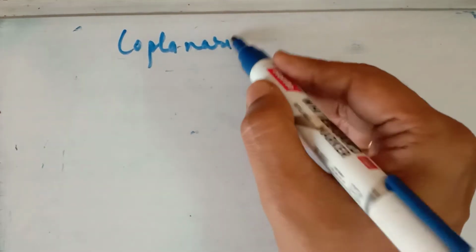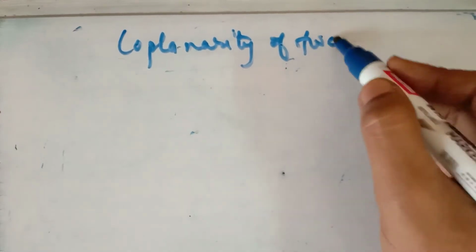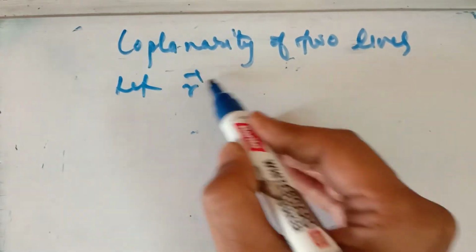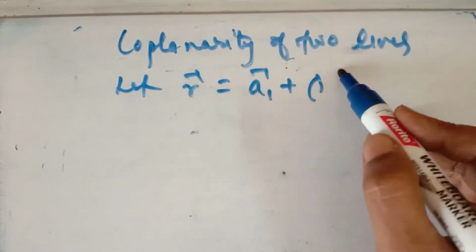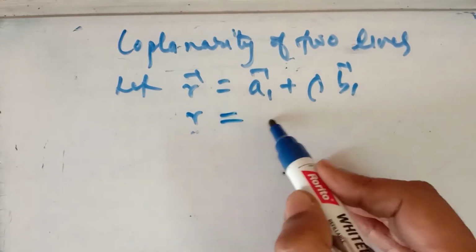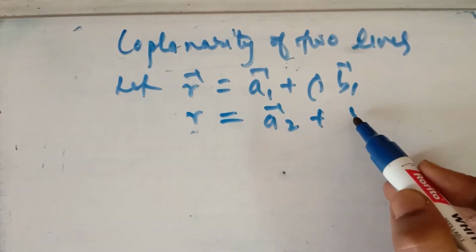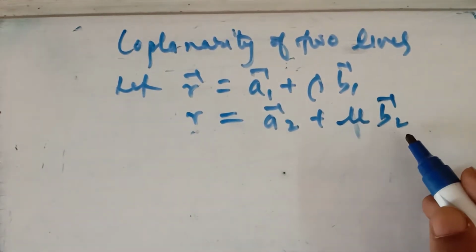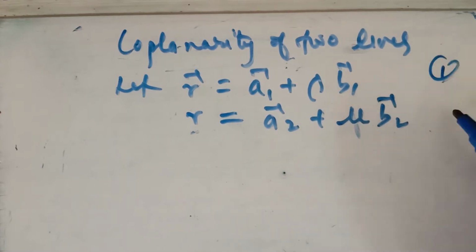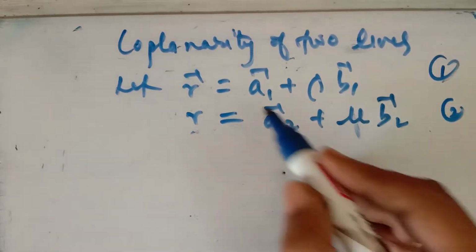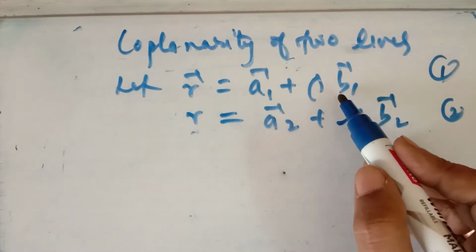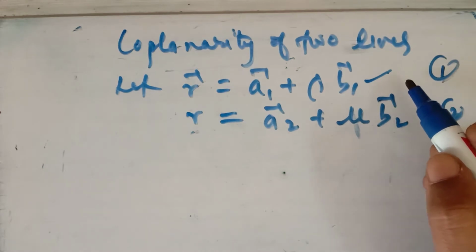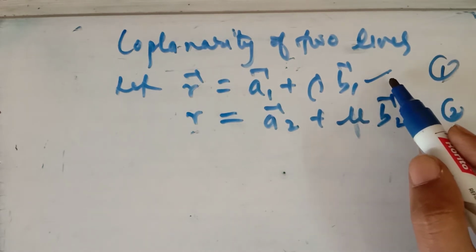After that, we have coplanarity of two lines, that is, they lie in the same plane. Let the given lines be r = a1 + lambda b1, and r = a2 + mu b2. Equation 1 is passing through a point A with position vector a1 and parallel to b1.